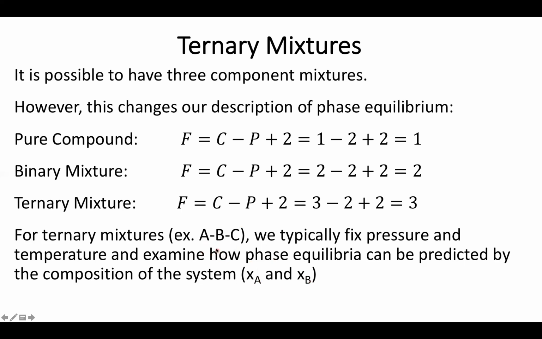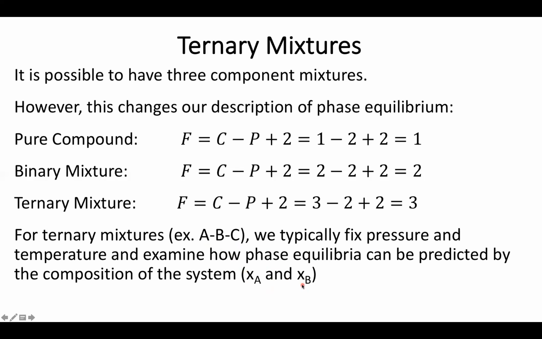So in this case, we're typically going to choose the mole fraction of A and B, because once I've defined the mole fraction of these 2 components, I've perfectly defined the mole fraction of C, as the 3 have to end up equaling 1. So essentially I'm going to be looking at the variance of 2 variables, and then looking at what point I'm going to run into a phase equilibrium with respect to these 2 variables, giving me essentially, if I know the system is at equilibrium and I know one of these variables, I should be able to determine the other.